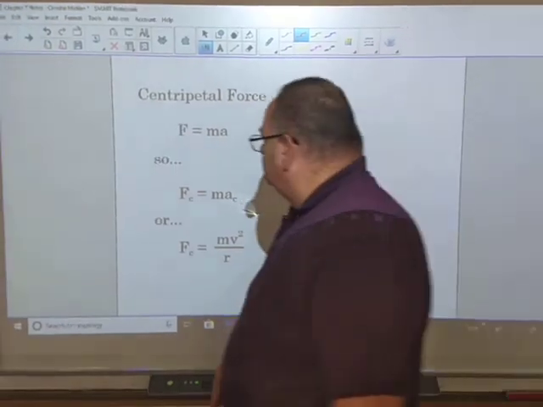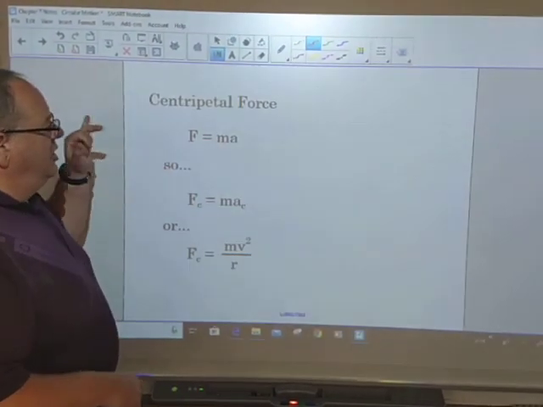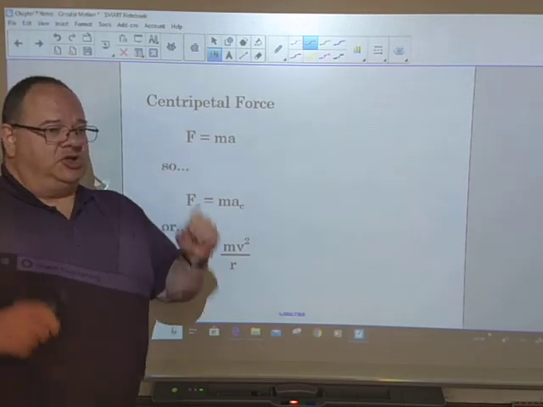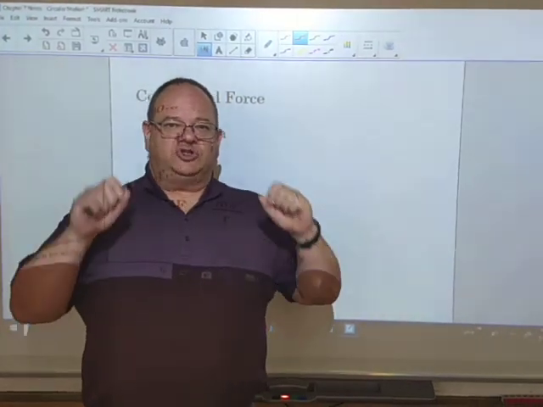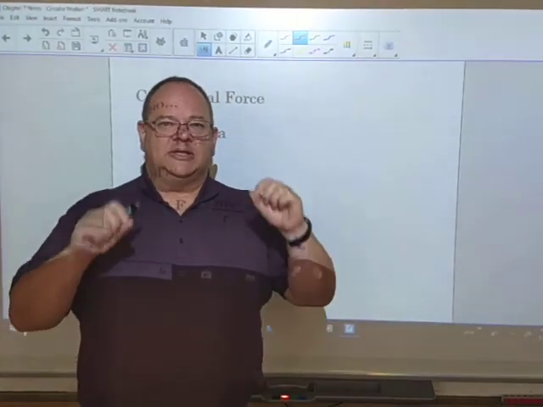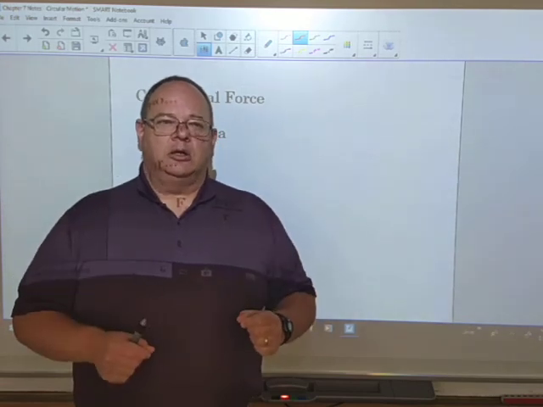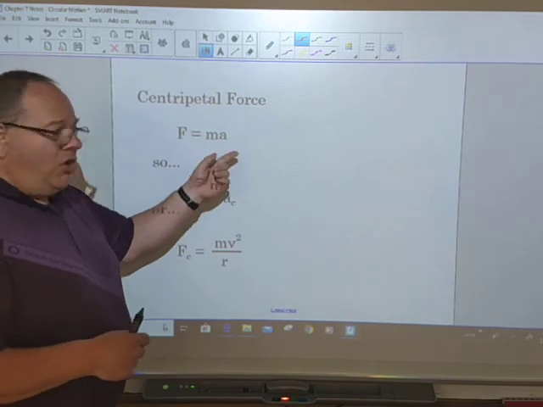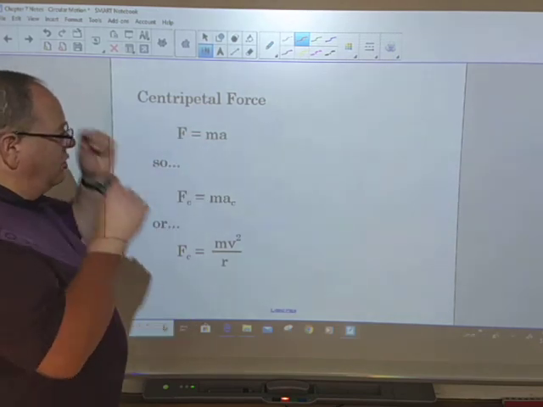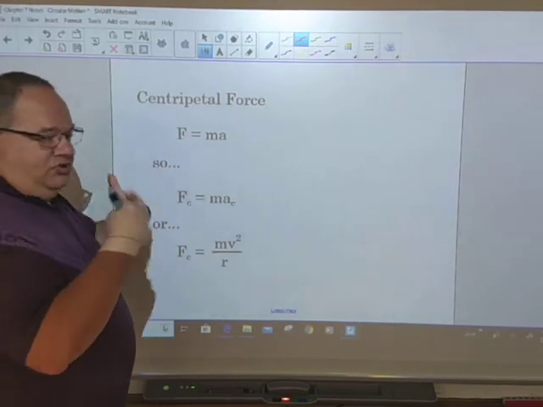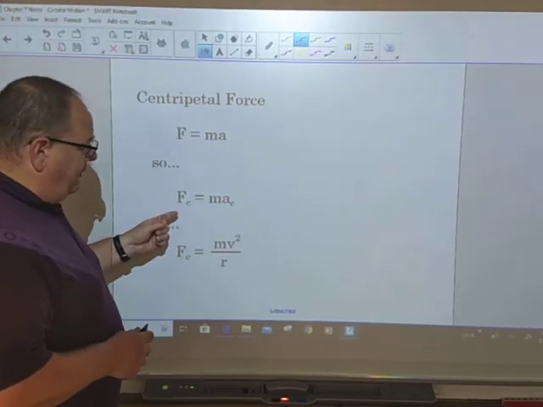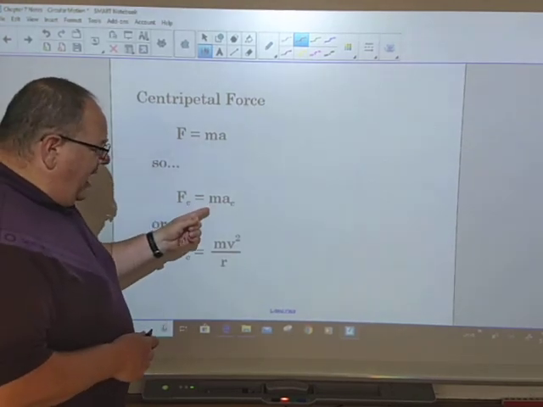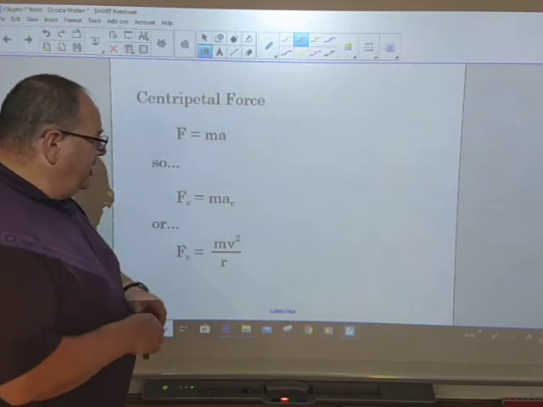Centripetal force. Okay, I'm going to start out with this. Force equals mass times acceleration. That should be extremely familiar to you. That is Newton's second law. Net force acting on mass causes an acceleration. So in this case, if we're talking about forces directed towards the center, a centripetal force is going to be the mass times the centripetal acceleration.